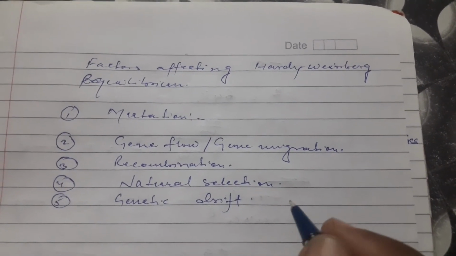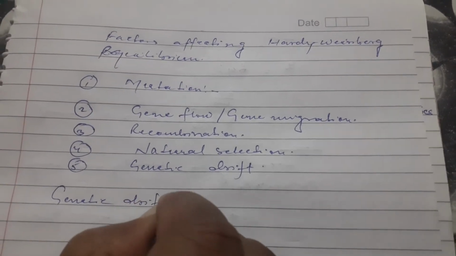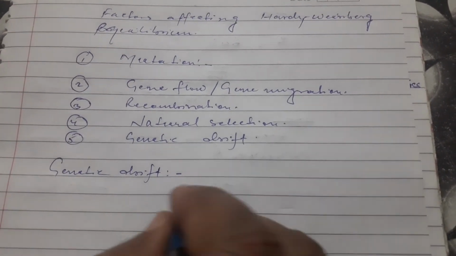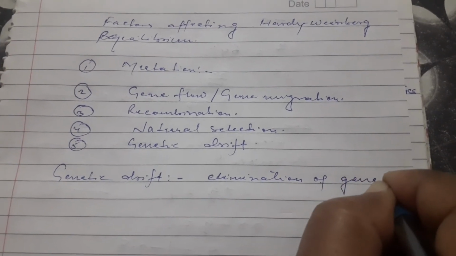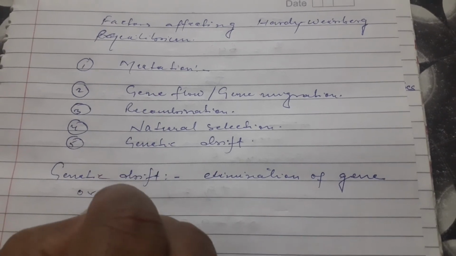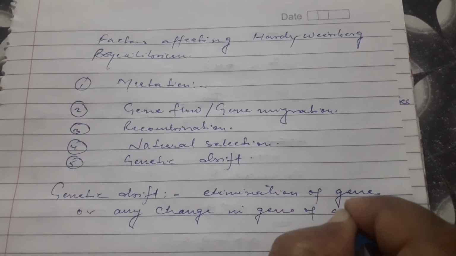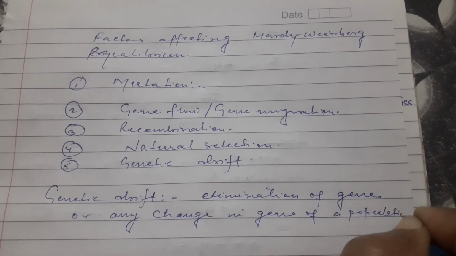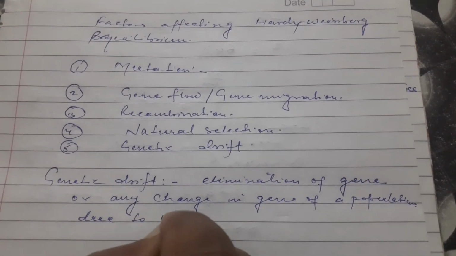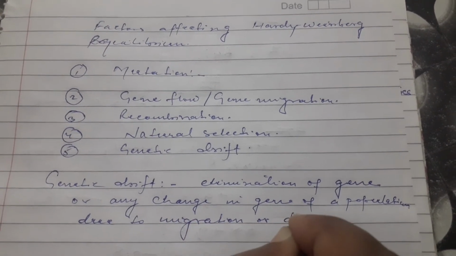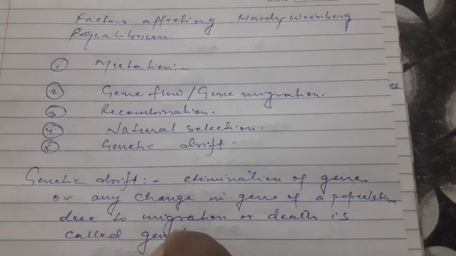Now the question is, what is genetic drift? Genetic drift: elimination of gene or any change in gene of a population due to migration or death is called genetic drift.